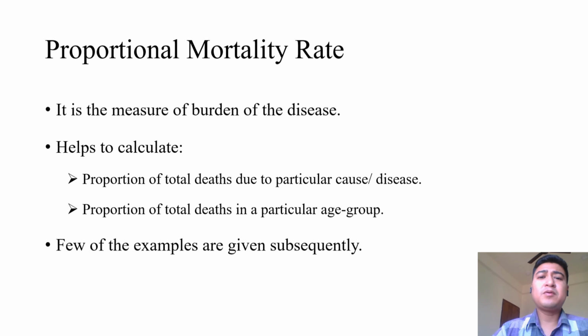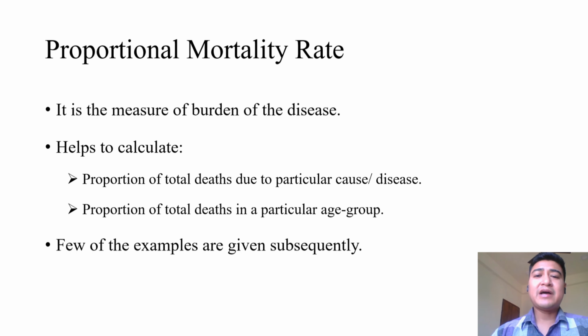Moving forward to the proportional mortality rate. Proportional mortality rate measures the burden of a disease in the community because it is calculated as the proportion of total deaths due to a particular cause or disease, and in what age group.